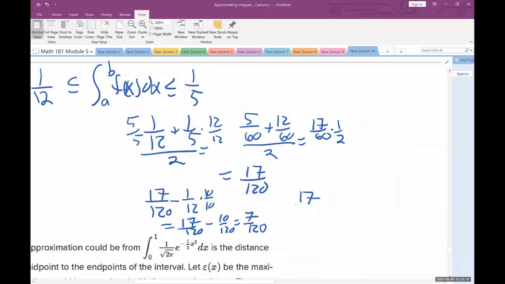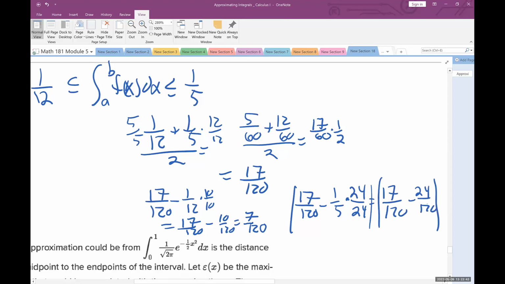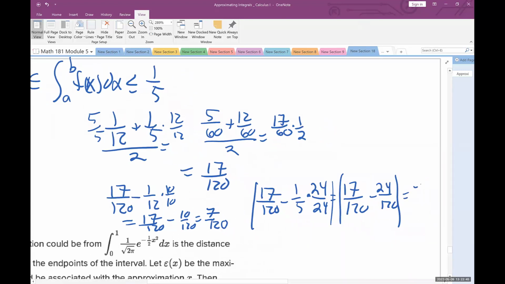Likewise, 17/120 minus 1/5. Multiply that by 24/24, since 5 times 24 is 120. I should say absolute value here. 17/120 minus 24/120 gives us negative 7/120, absolute value.